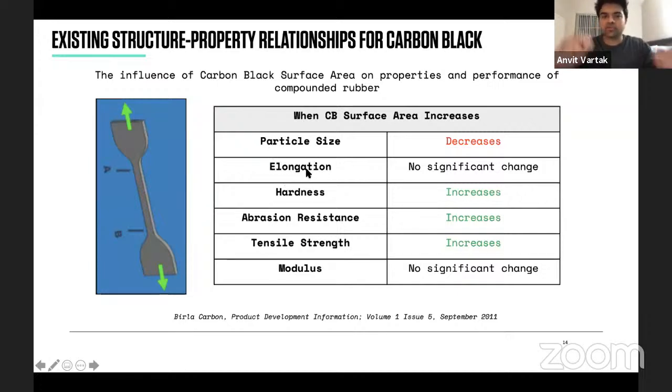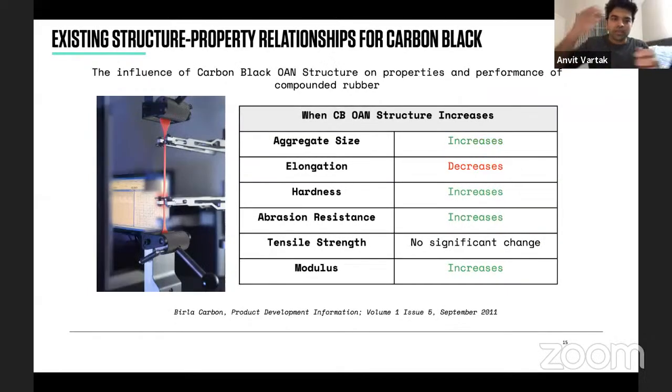This piece that I've shown is the sample that's cut out of the reinforced rubber, which has your carbon black added, and it's stretched using a machine which measures how long it stretched before breaking and how much force was used to break it, which is the tensile strength. Calculations of modulus and other things are also tested.